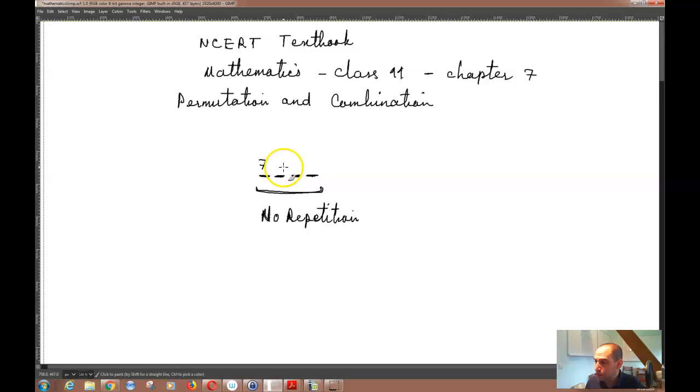To answer this question, you may immediately start listing all the possible arrangements of the 9 remaining digits taken 3 at a time.